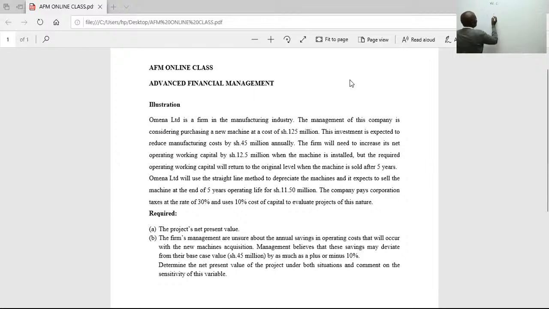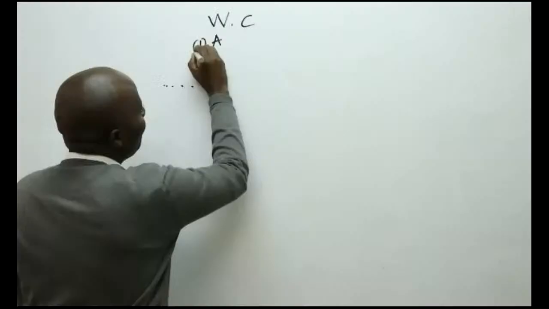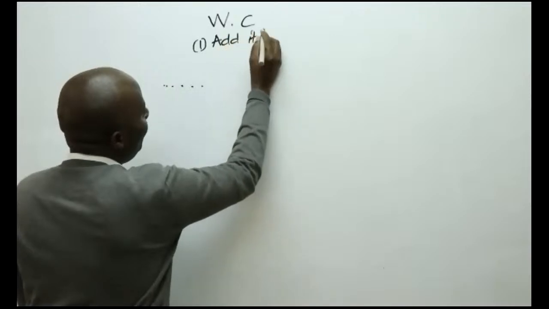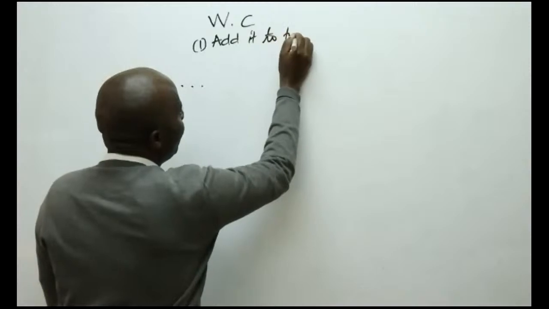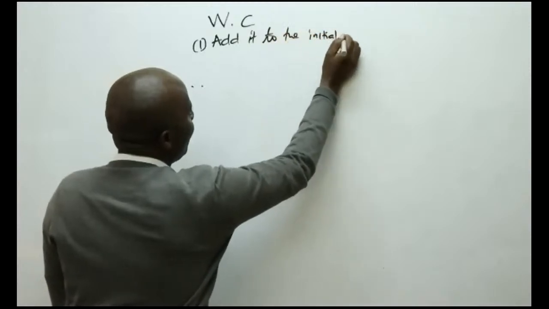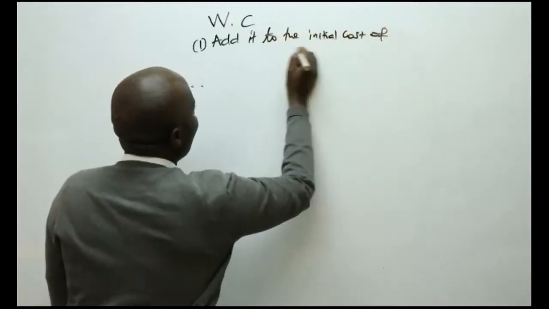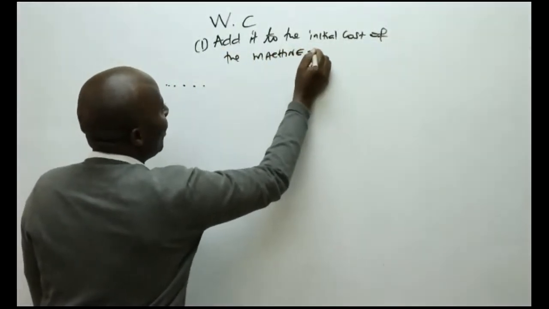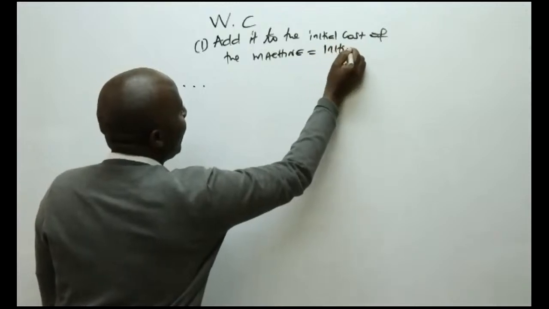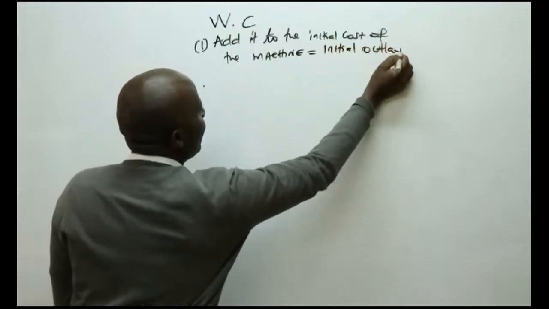Whenever you see working capital in this case, you must always do two things. You must add it to the initial cost of the machine for you to be able to get your initial outlay. Initial outlay, that is number one.